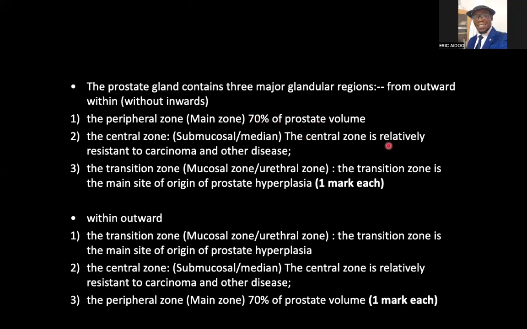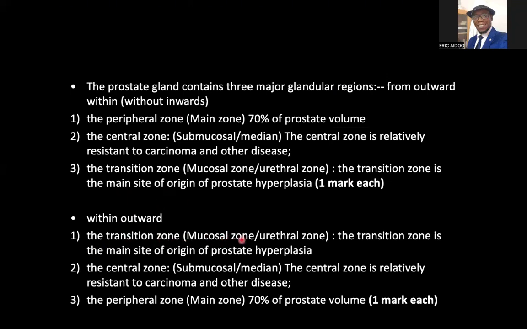The central zone is relatively resistant to carcinoma and other diseases. However, the transition zone is the main site of prostate hyperplasia. Then if you want to go through the same zones but coming from inside going outward, you have the transition zone first.